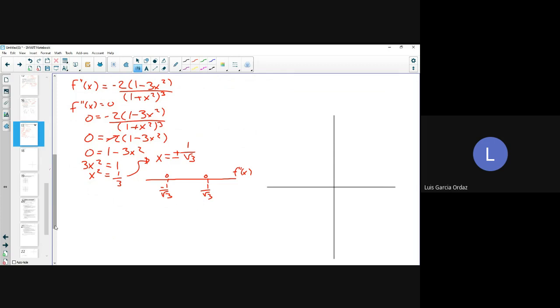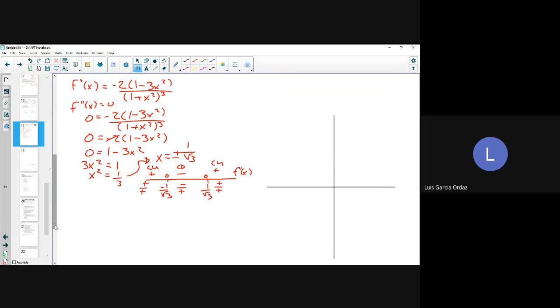So when I'm between negative 1 over root 3 and positive 1 over root 3, I get a negative number over a positive number, which means that I'm concaving down. If I'm to the left of negative 1 over root 3, I get a positive over a positive, which means I'm concaving up. And then same thing to the right, I am concaving up.